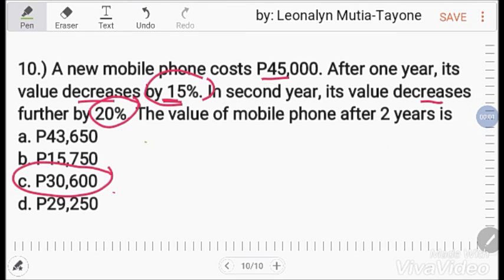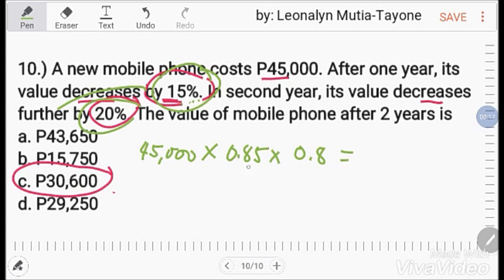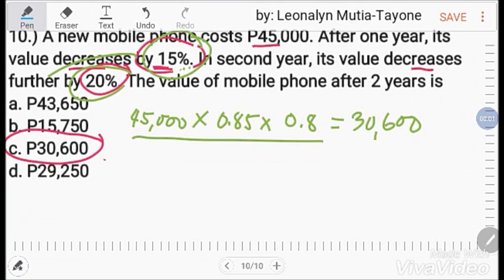Another way of solving this, 45,000 times yung opposite niya, kasi yun nag-decrease, yung natira niya is 85%, 0.85, times yung opposite niya, 0.8. And the answer is 30,600. Let's go back konti lang on how to multiply this one.